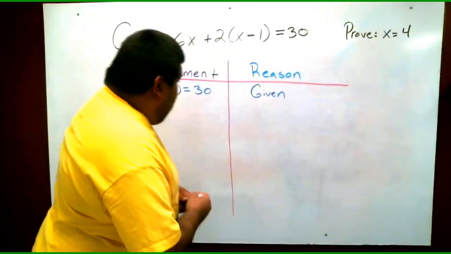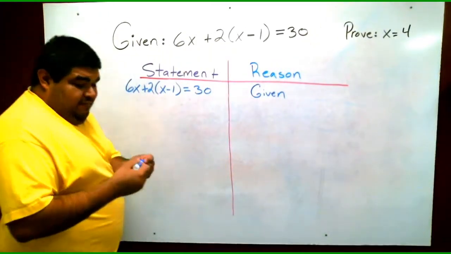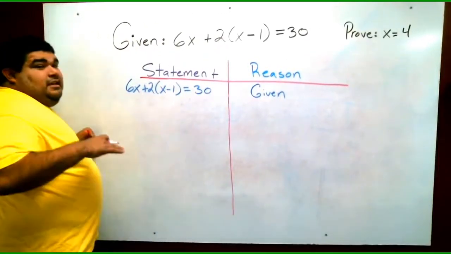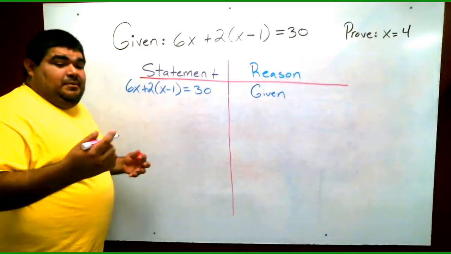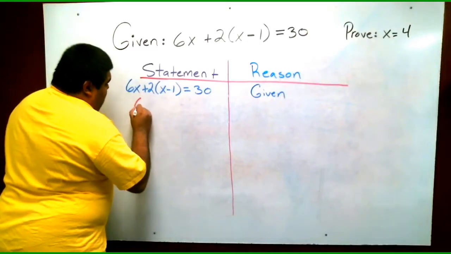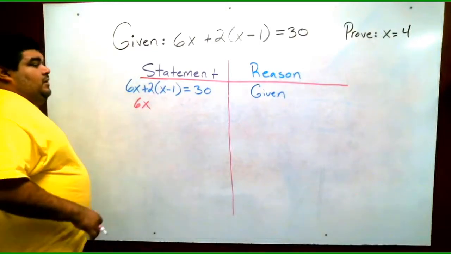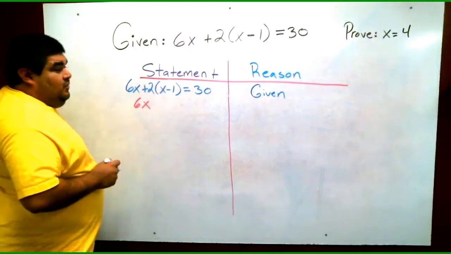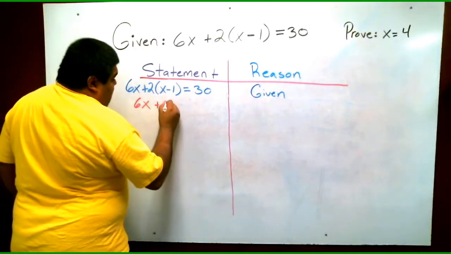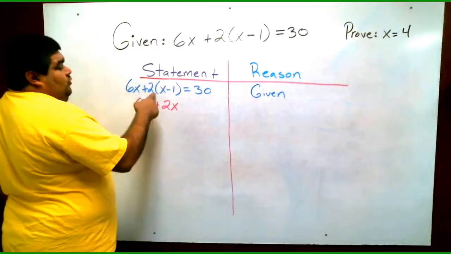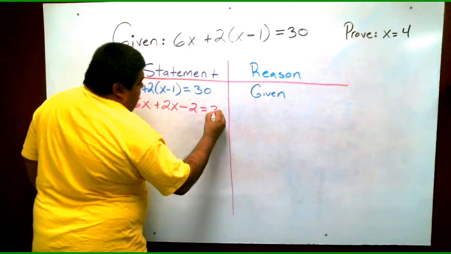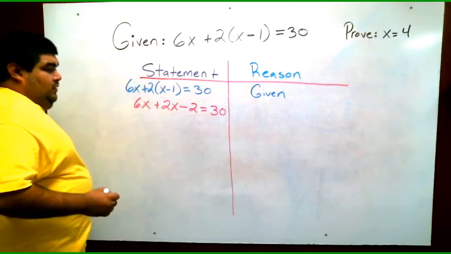So we're going to have 6x, because nothing's happening to the 6x, it stays the same. Now we have 2 times x, which is plus 2x. 2 times negative 1 is minus 2 equals 30.